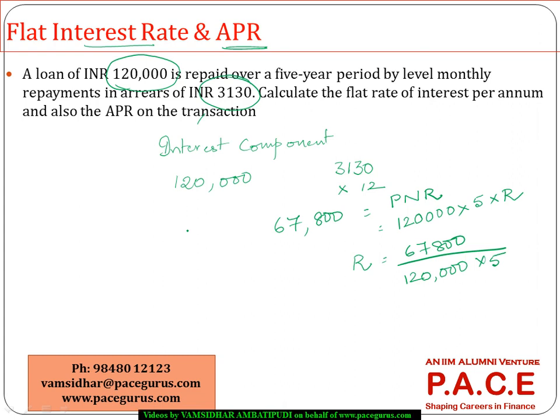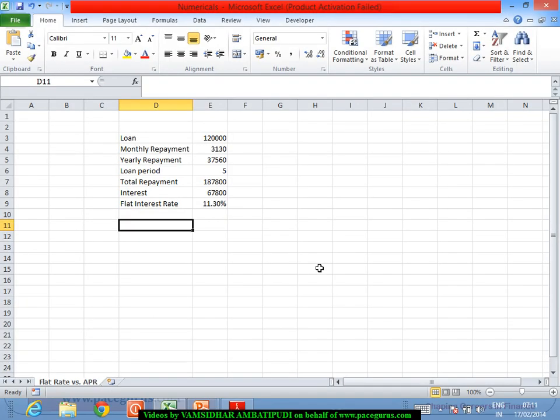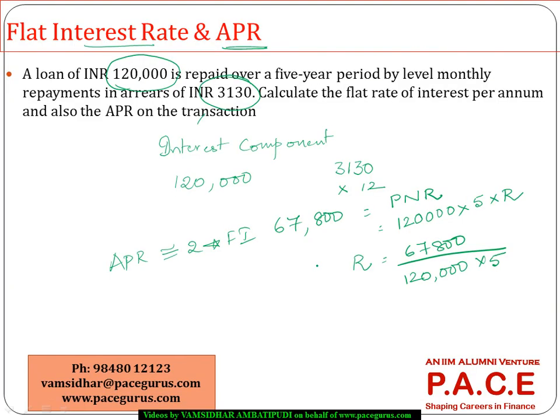So generally, on an approximate basis also, it is understood that APR will be in a range of twice that of the flat interest, just for an approximation purpose. So we can try out the different APRs, but when I am going with the APR, right?